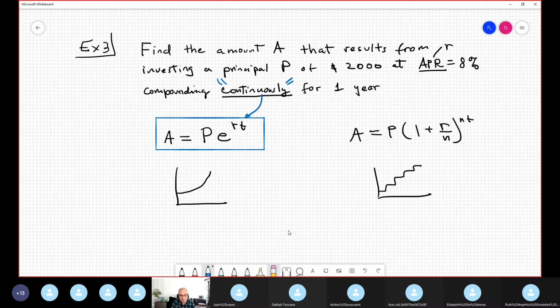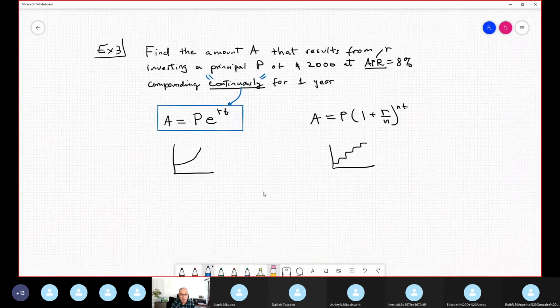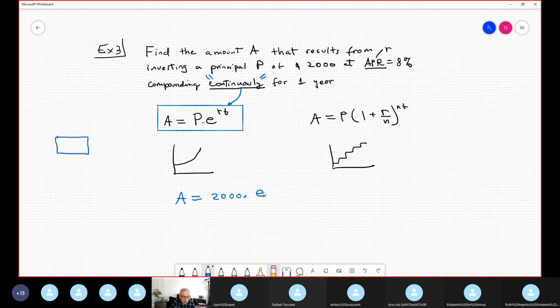So it's super easy, because P is given, which is 2000. I need to find the future value, equal to 2000 multiplication, of course, e to the power RT, period, time here. In our calculator, we have one key which is log and another key which is LN.